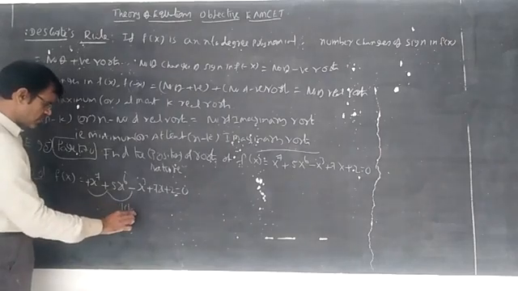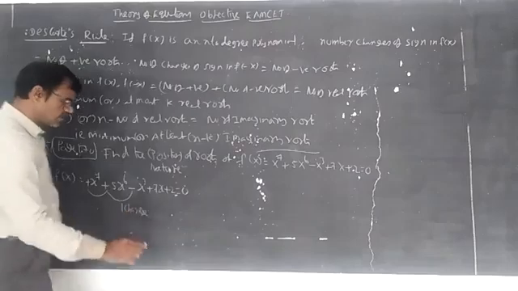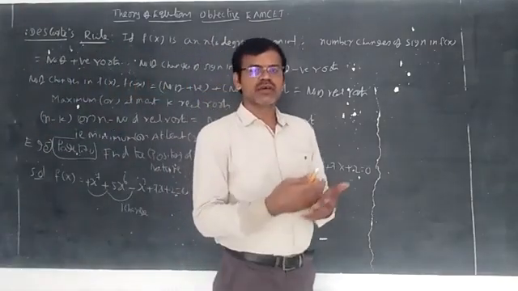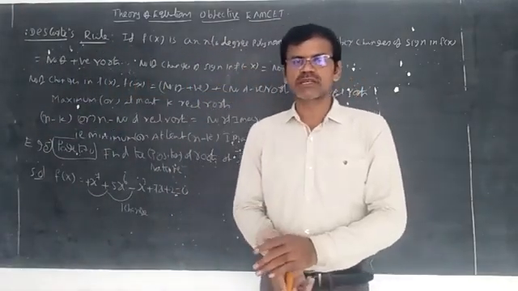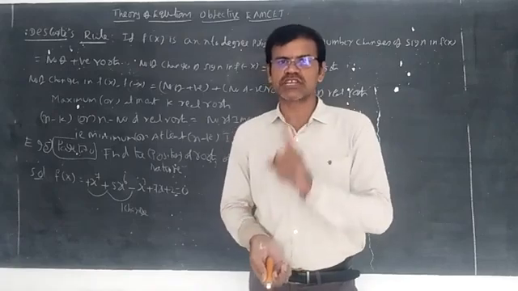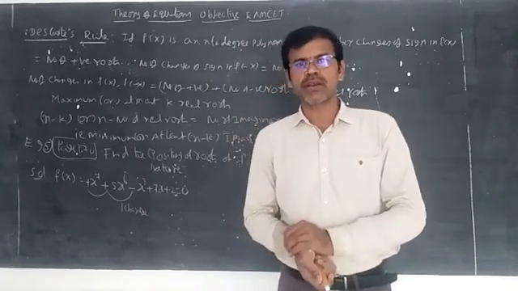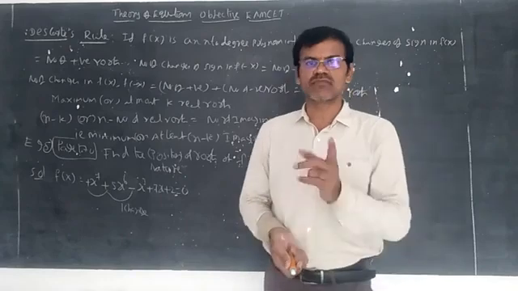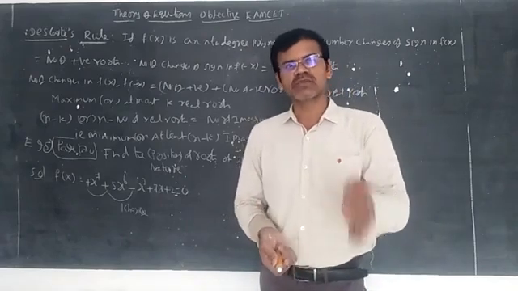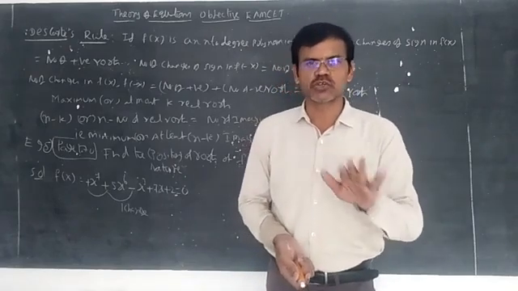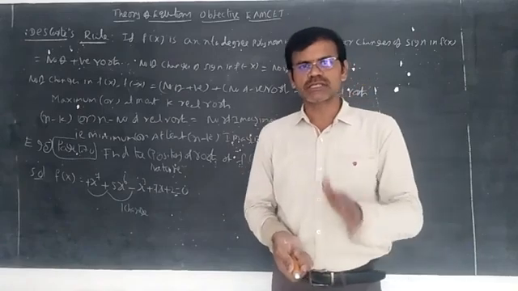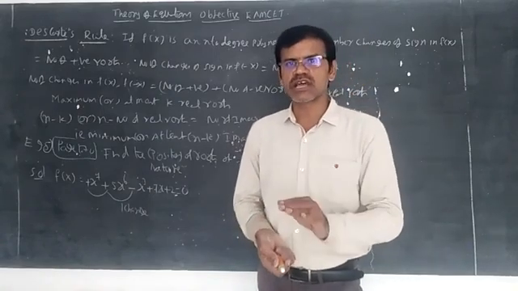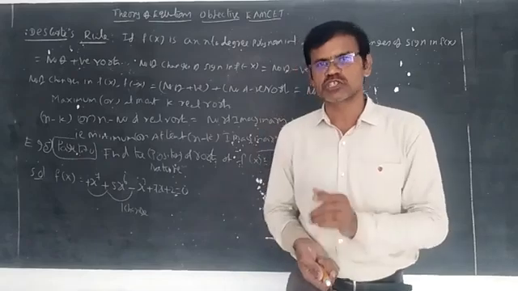Here you can understand change of sign. If plus becomes minus, it is considered one change. If minus becomes plus, it is considered one change. If minus becomes minus, or plus becomes plus, it is considered no change, or 0 change.